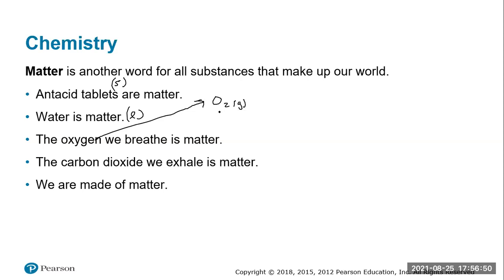That is the formula for oxygen. Oxygen actually comes as what is sometimes referred to as a diatomic molecule, which is a fancy way of saying there are two oxygen atoms in that particular compound. And carbon dioxide, which is what we exhale, is again a gas.